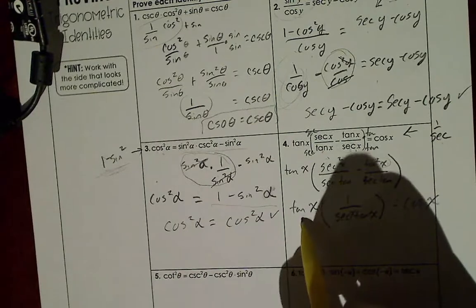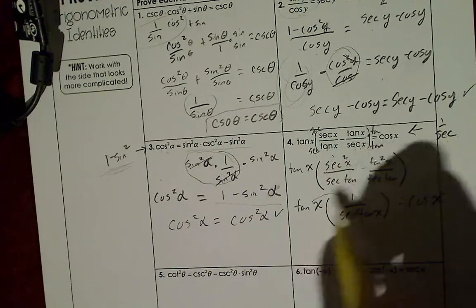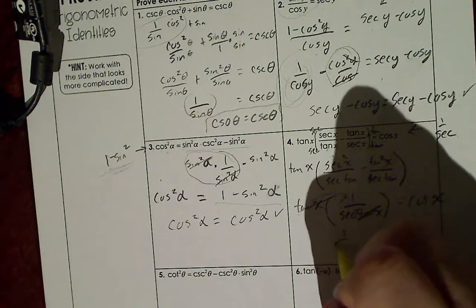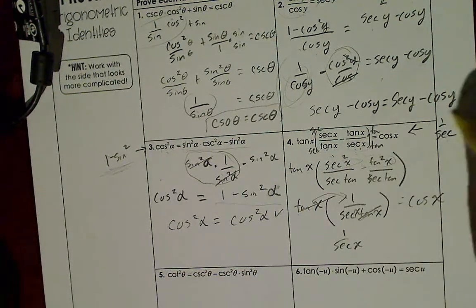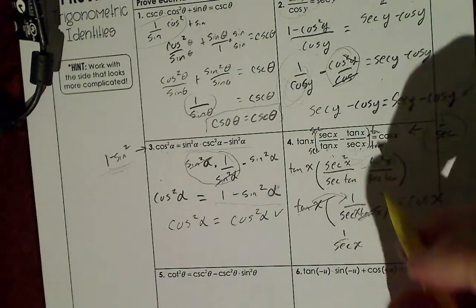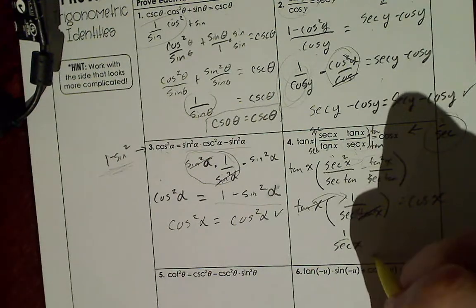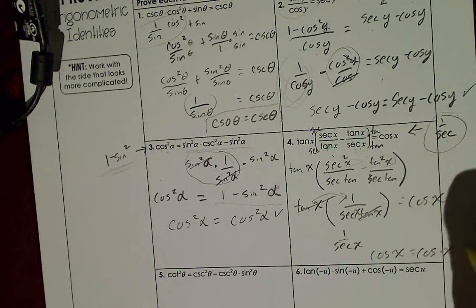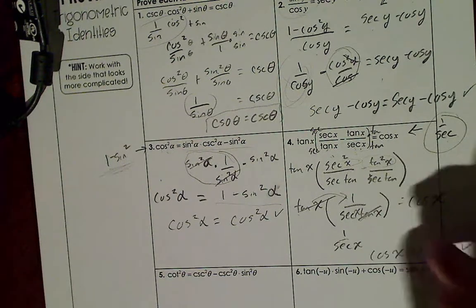So then, again, if I distribute this through, this is going to reduce this guy out right here. And I end up with 1 over secant here, which, again, was what I was trying to get to begin with. So then now this verifies to be cosine, which is equal to cosine. So there's my verification.